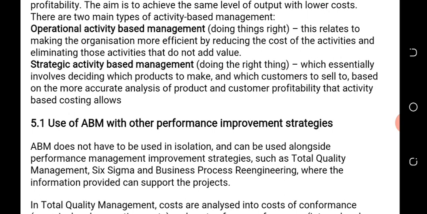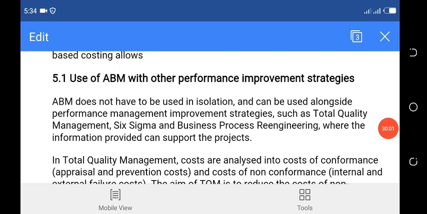The uses of activity based management with other performance improvement strategies. ABM does not have to be used in isolation and can be used alongside performance measurement improvement strategies such as total quality management, TQM.